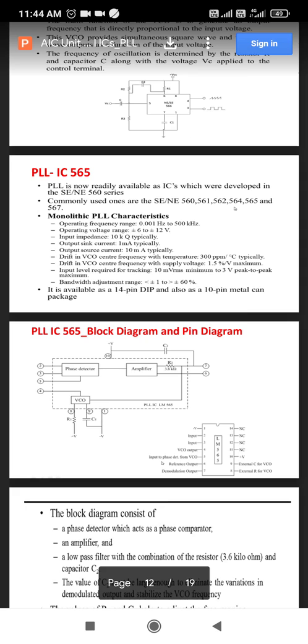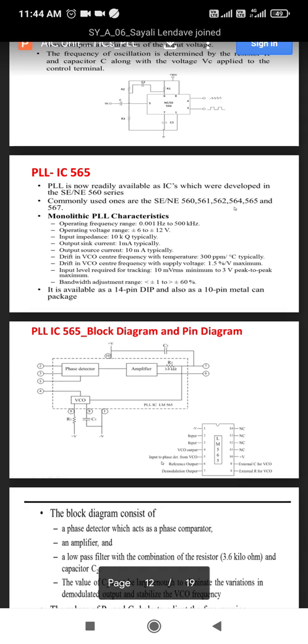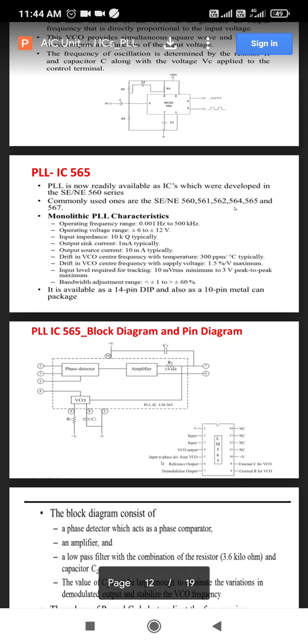We started discussing IC 565 with the help of its specifications and features. All features we discussed in the previous lecture and stopped there, so we can continue with the next part.